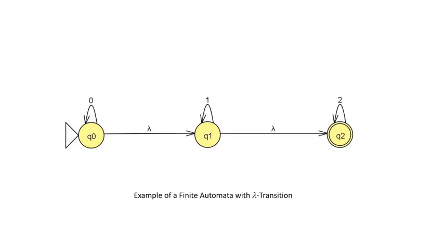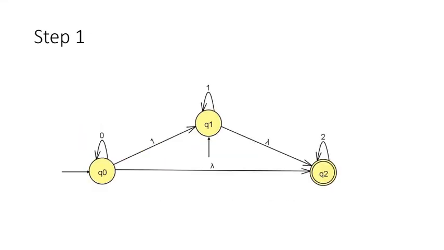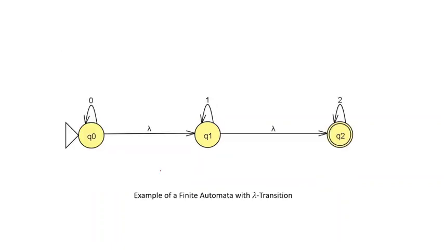Following the previous instructions, suppose Q0 is V1 and Q1 is V2. So the transitions coming out of Q1 should be copied to Q0.